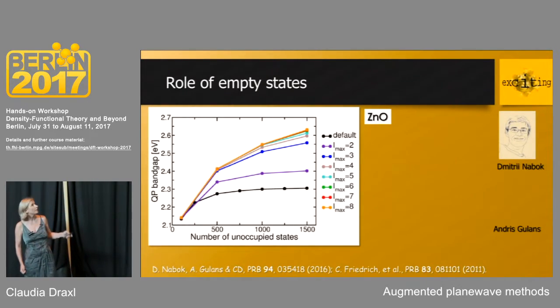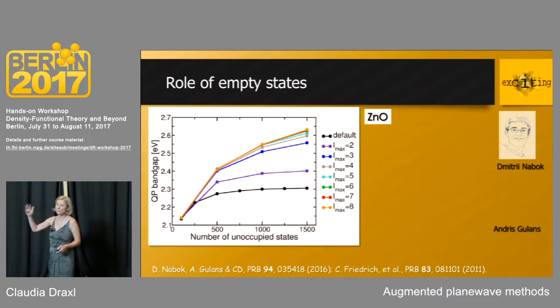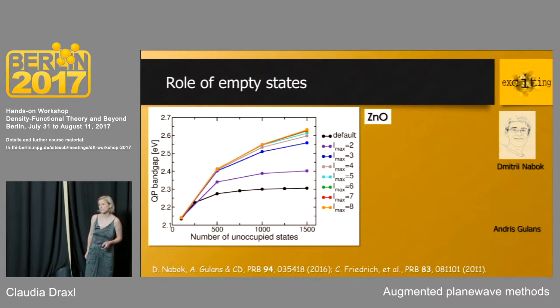So the first LAPW results were produced by Christoph Friedrich, who showed that you really have to take a few hundred, 1,000 local orbitals in order to improve the basis set. And this is what you see here. If you take the standard basis set, default, our quasi-particle band gap perfectly converges with the number of unoccupied bands, and it converges to this historically very low value.